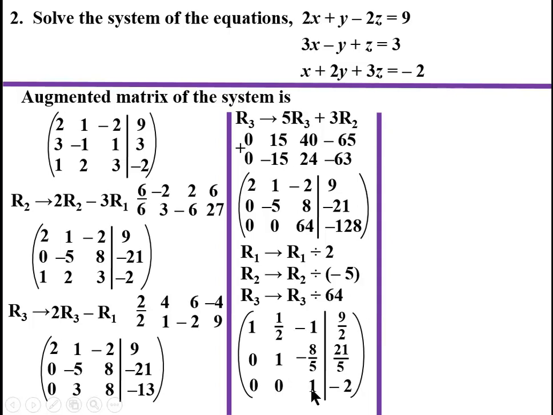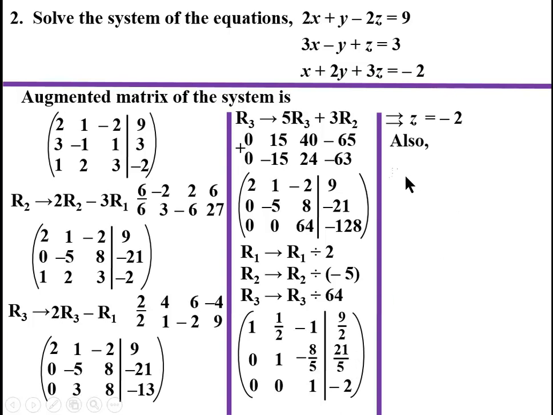From here, the coefficient of z is 1, which implies z is equal to negative 2. And coming to the second row, the coefficient of y is 1, that of z is negative 8 over 5, and the constant is 21 over 5.